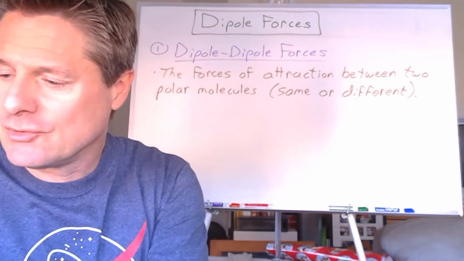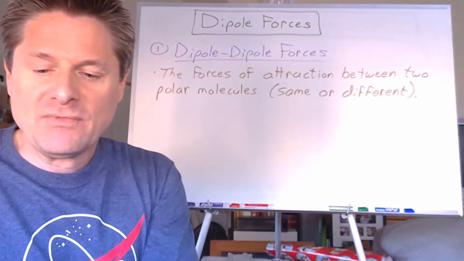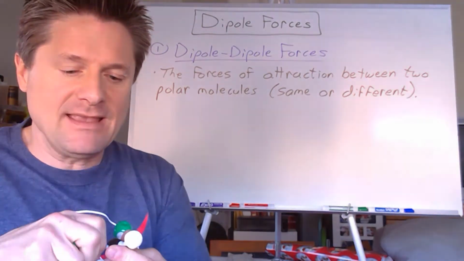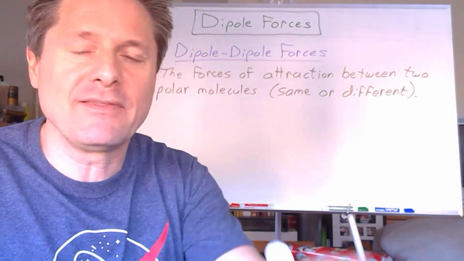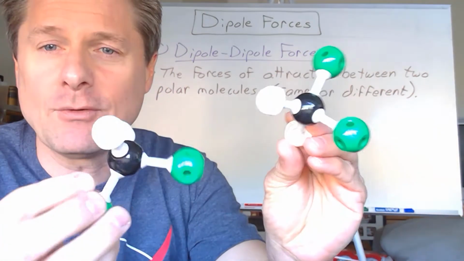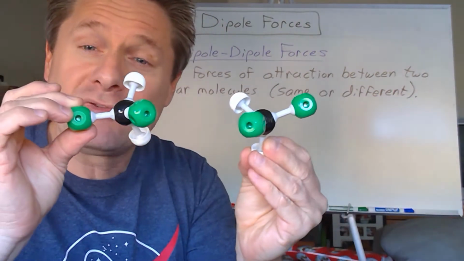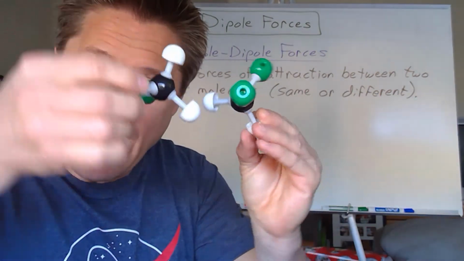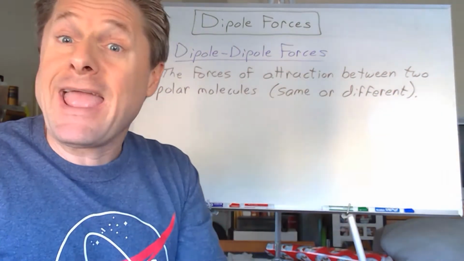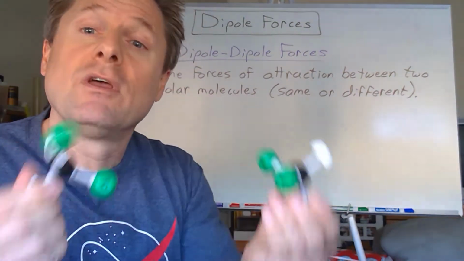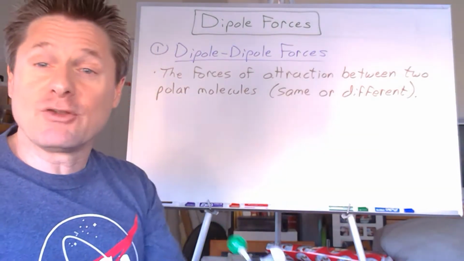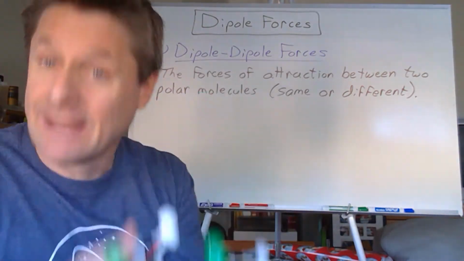So let's take our two CH2Cl2s, and we'll do it with the same species, and look at how this impacts boiling points and all those kinds of things later. So we'll take CH2Cl2 and bring them close together and look at what happens. Maybe they're in the gas phase, and we're going to bring them together, and if it's cold enough, they're moving slow enough, those forces of attraction, those intermolecular forces, can lock into place, and that would liquefy it, right?